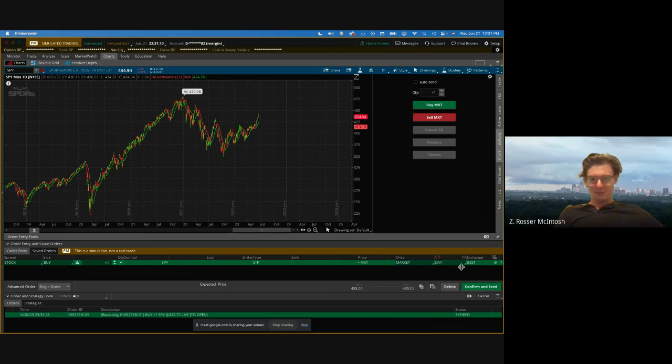That's the first kind of basics of the order bar. Here we're also going to get to blast all. That's also something that's going to apply more to options, or first order being filled triggers all the other orders. OCO is order cancels order. So first triggers the second to be canceled.